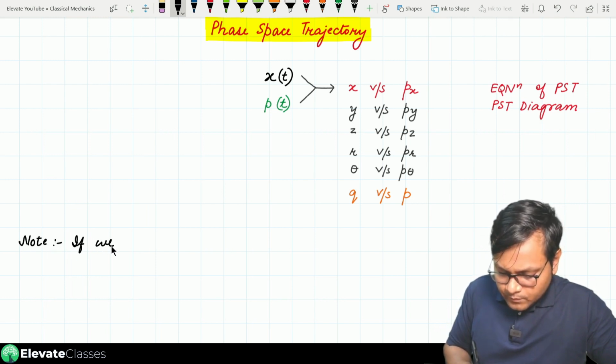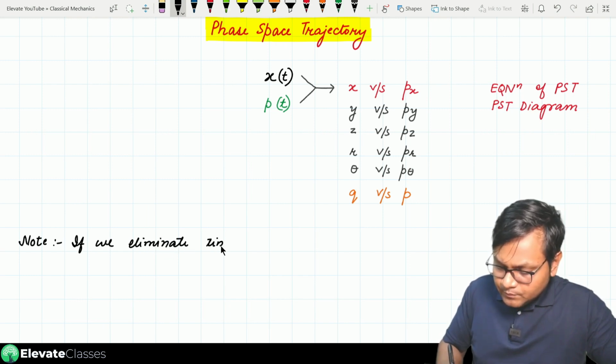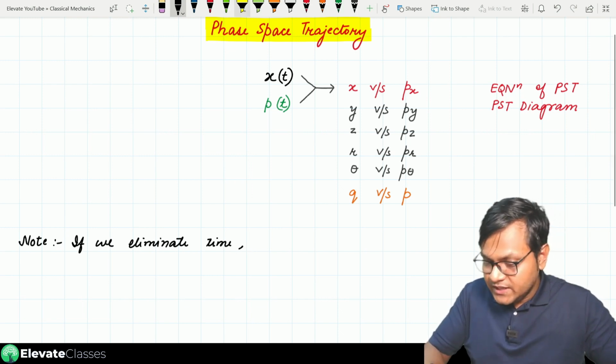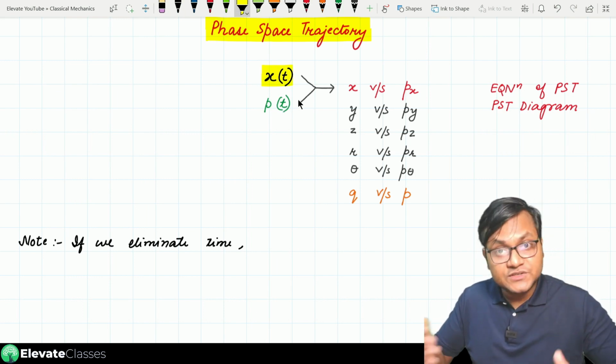If we eliminate time, let's suppose we have found out the position of a particle as it changes with time. We have found out the momentum of a particle or the velocity of a particle as it changes with time.